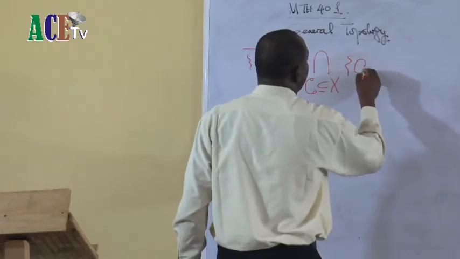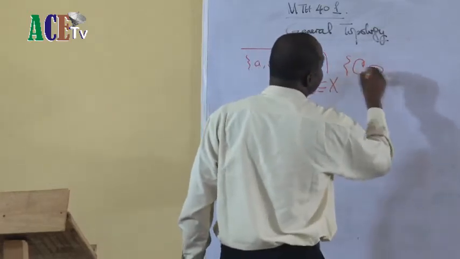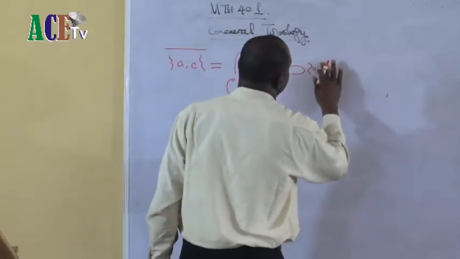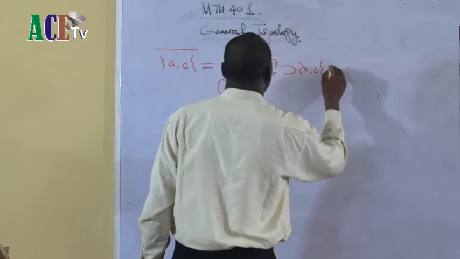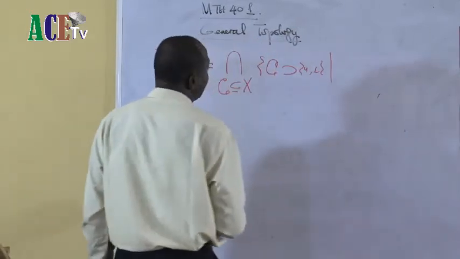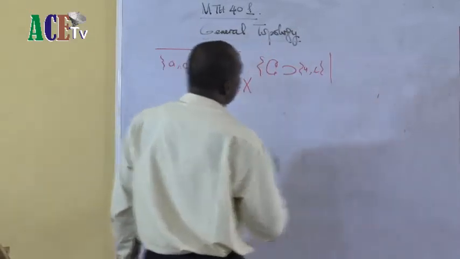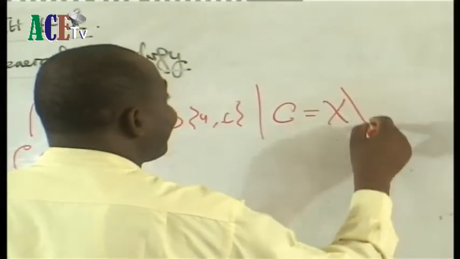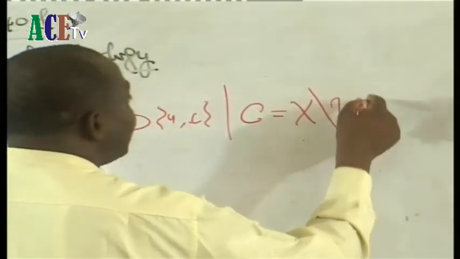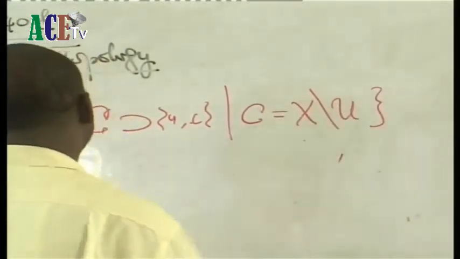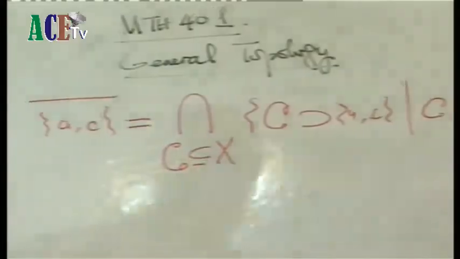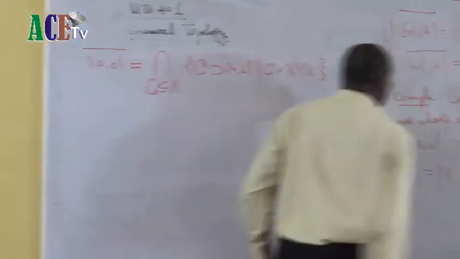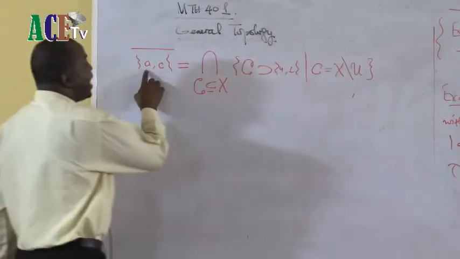Such that the closed subset of X contains this set made up of the pair of points, A and C. So let's ask ourselves, of all the closed sets listed here, which one contains {A, C}?